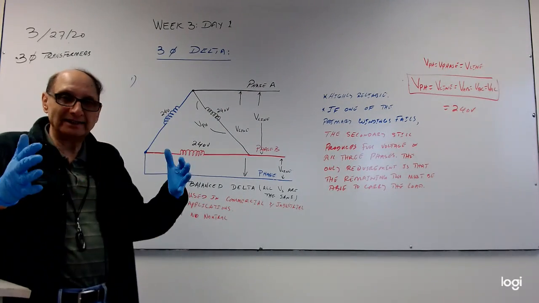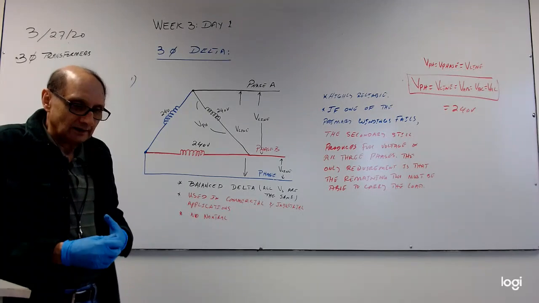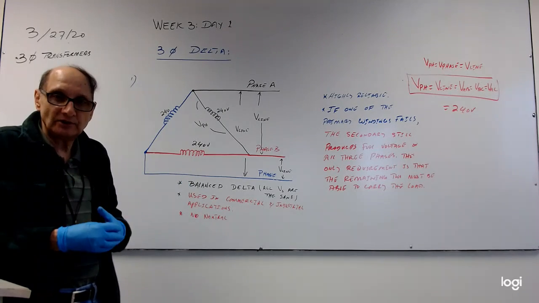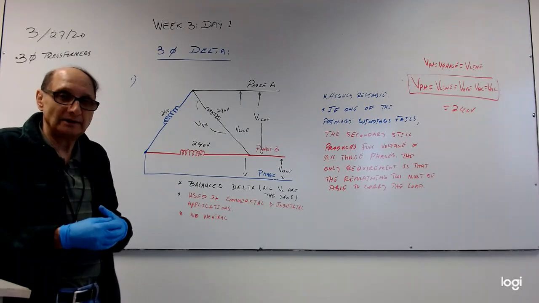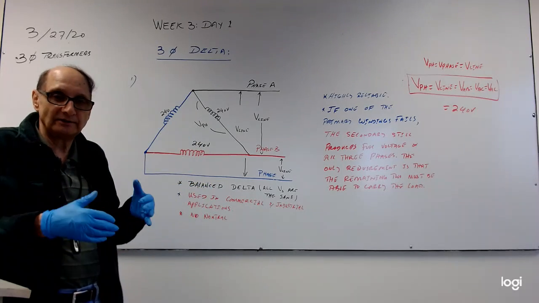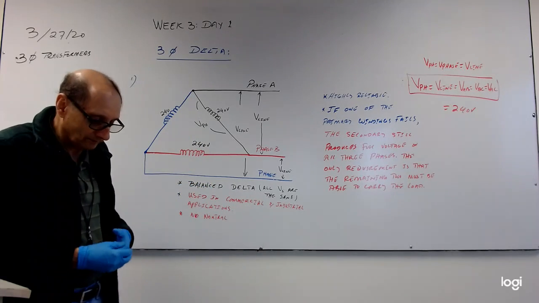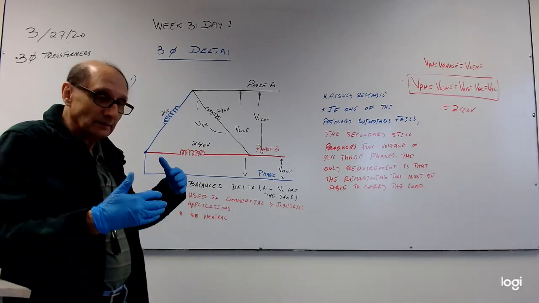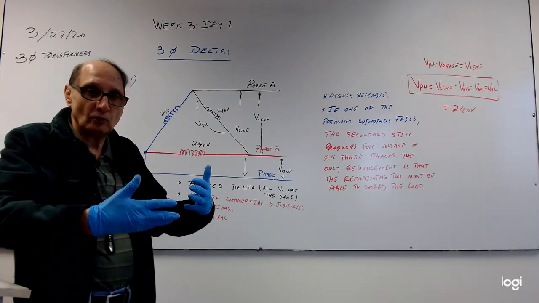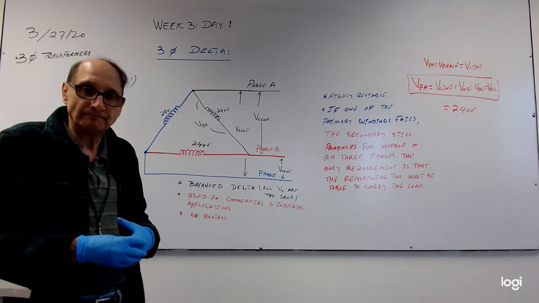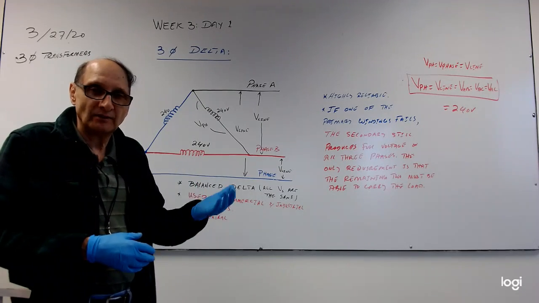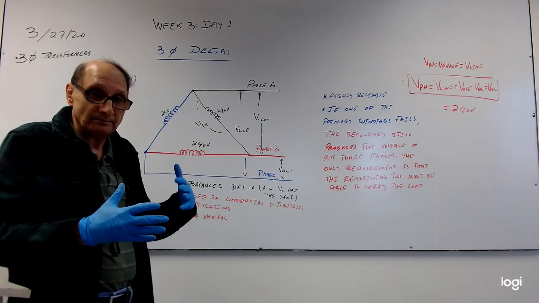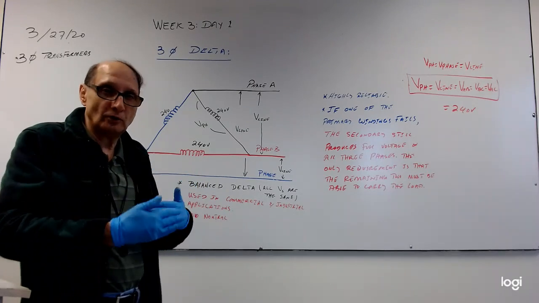So again, the application is commercial and industrial. You are not going to see this type of config in residential property. But as you move up in code and motors, I think they will review this one more time.